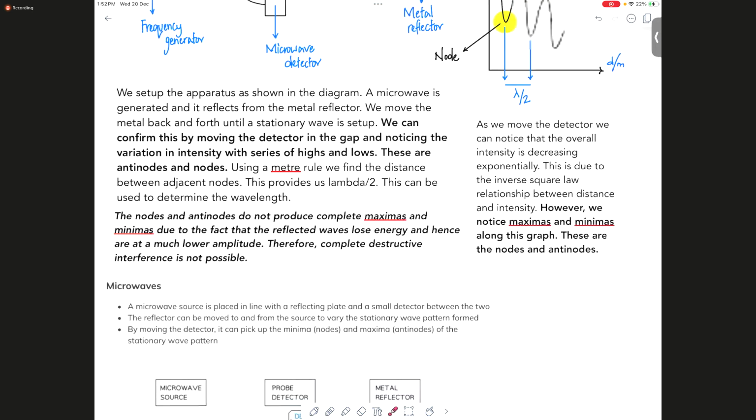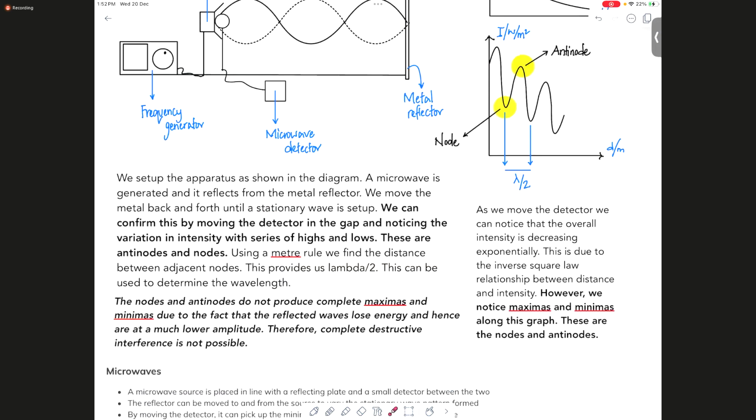So you can still find your lambda by 2, because lambda by 2 is going to be the distance between any two minima. So you do have your minimas here. You just find the distance between these two, and you have your distance provided.